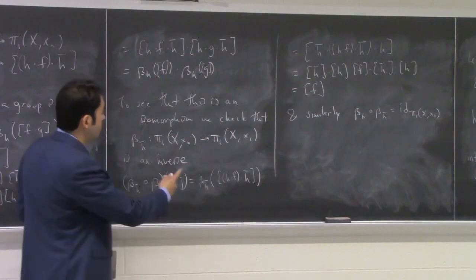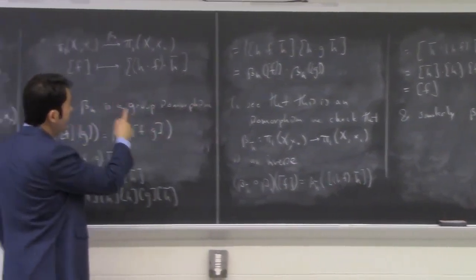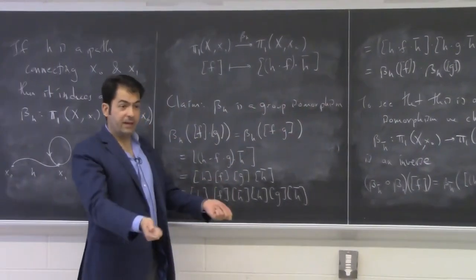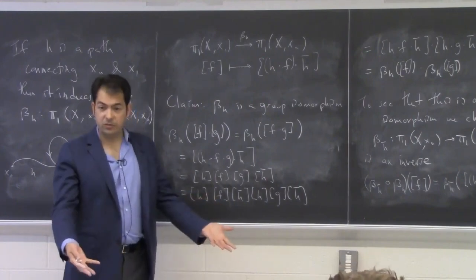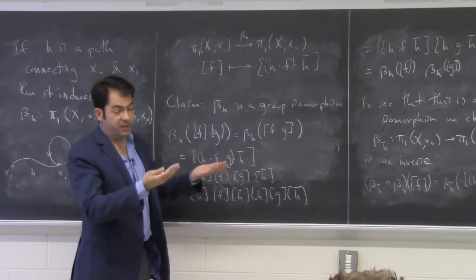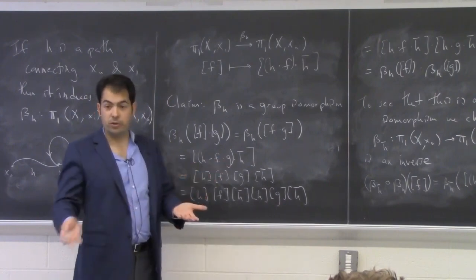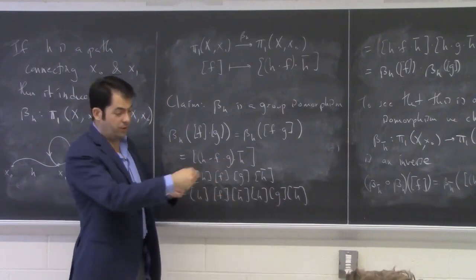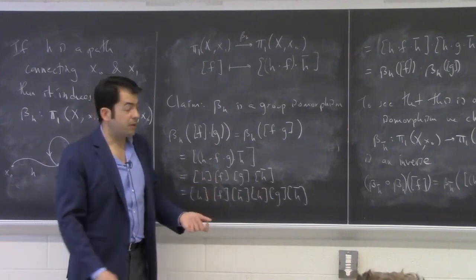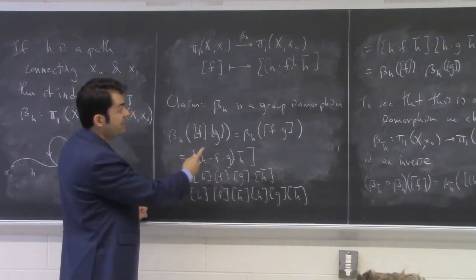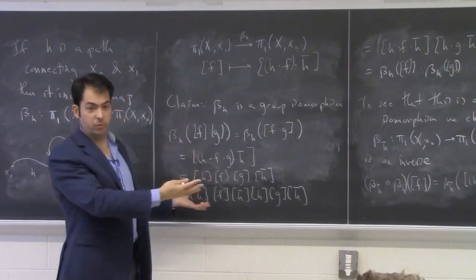So what's the conclusion? Well, we don't really care about the endpoint as long as you can connect two points. Of course, if you have a disconnected space, then you're potentially going to have a different fundamental group for each connected component. They don't talk to each other, because loops based at one of the points won't see the other connected components. But as long as you can connect things with a path, then you get the same group up to isomorphism.